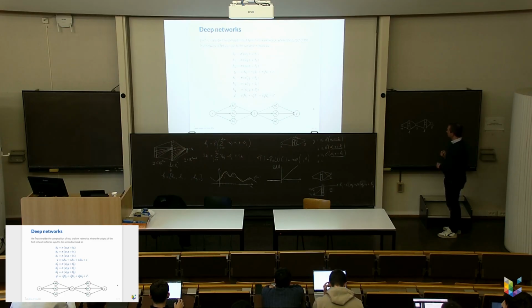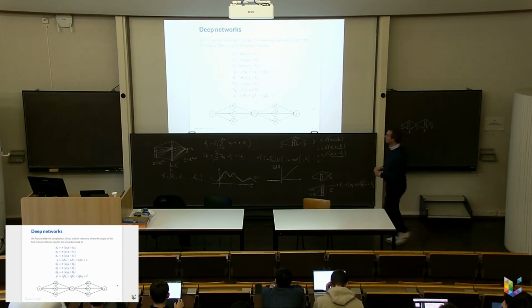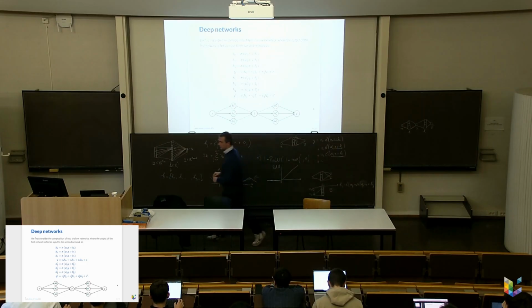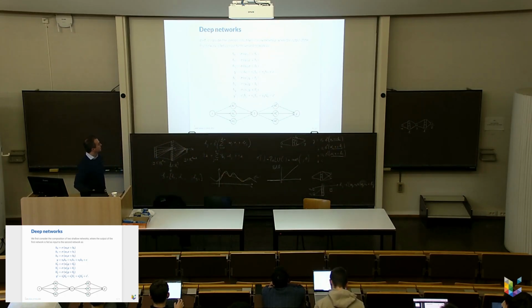So mathematically, this would correspond to this set of equations. We just do the same as before. The first 4 equations correspond to the first shallow network, and the last 4 equations correspond to the second, where we use as input the output of the first neural network.